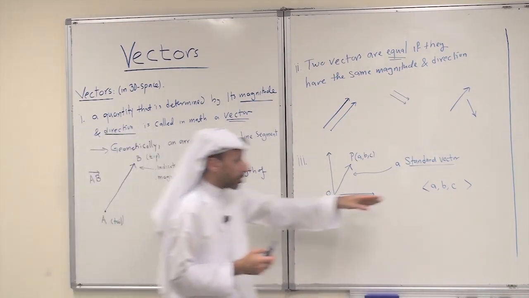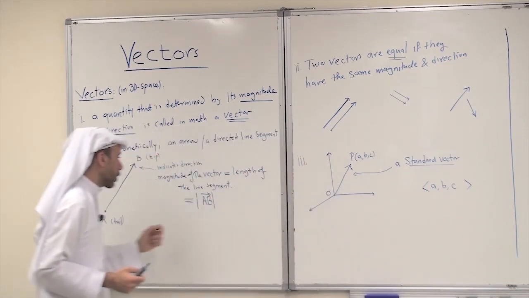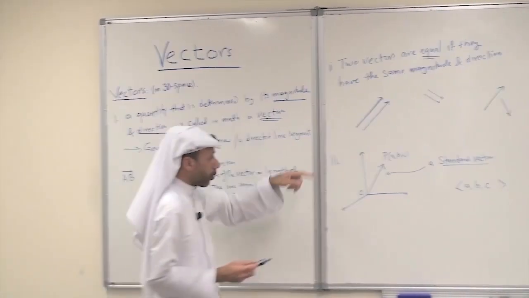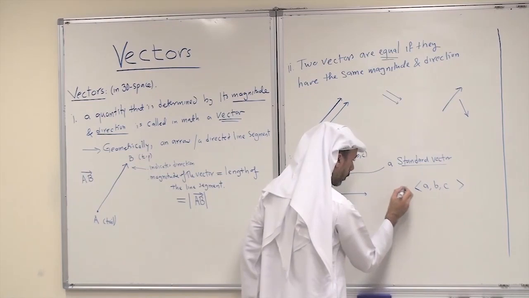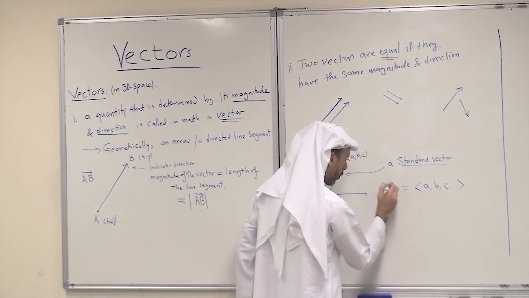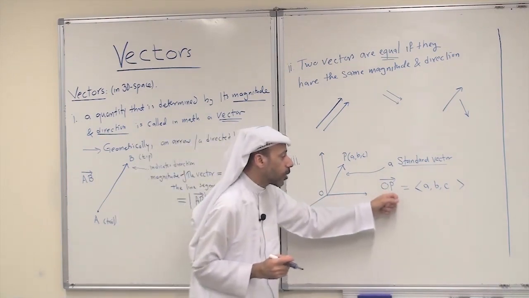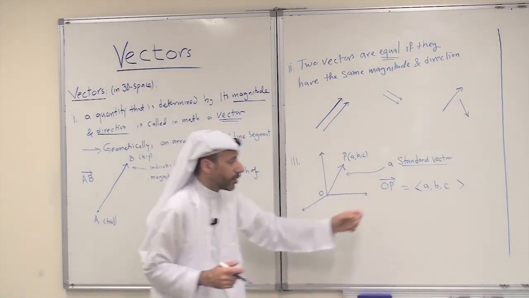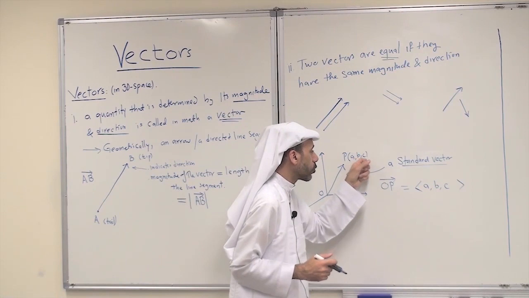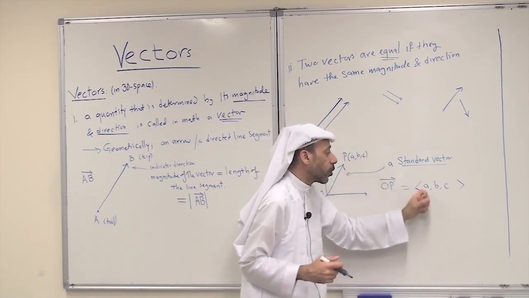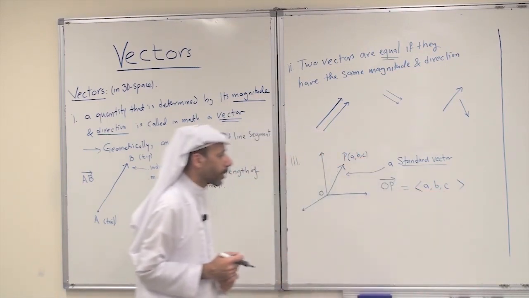So really this vector, based on our previous notation, is just OP, the vector from O to the point P, and algebraically it is represented by just the coordinates of the terminal point A, B, and C.